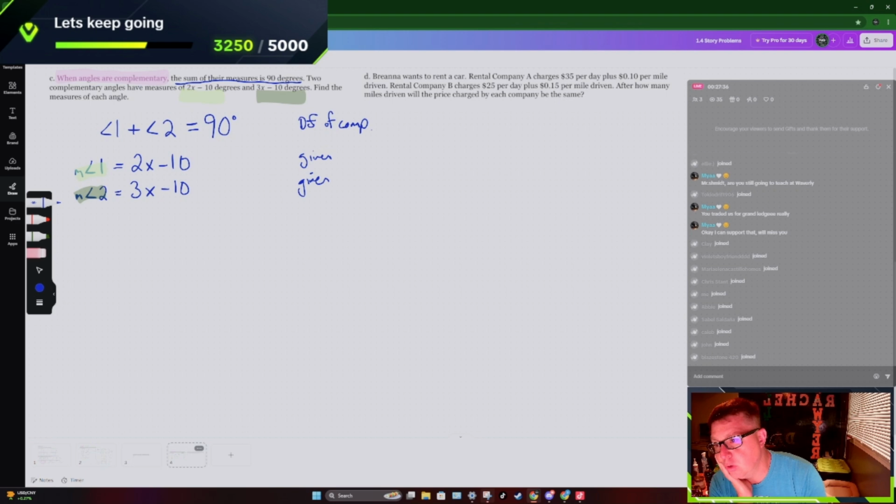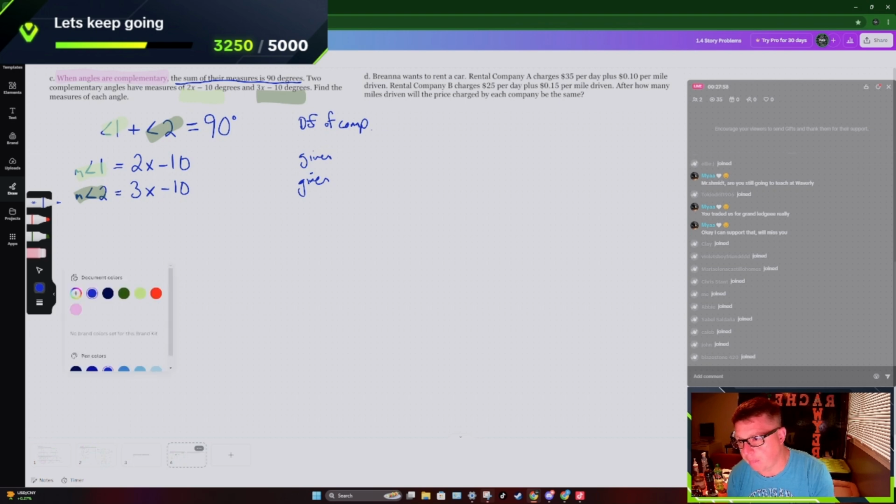So now, once they do give you the measure of angle 1, we can just drop it in right here for angle 1. And then the same thing goes for angle 2. So when we see the measure of angle 1, what we're going to do is plug in 2x minus 10 plus something equals 90.